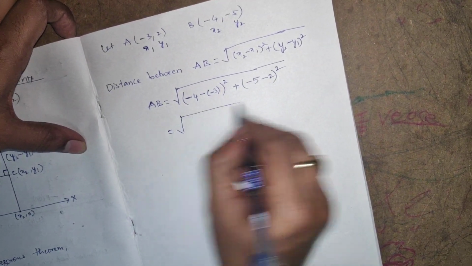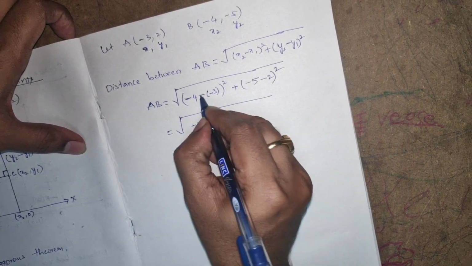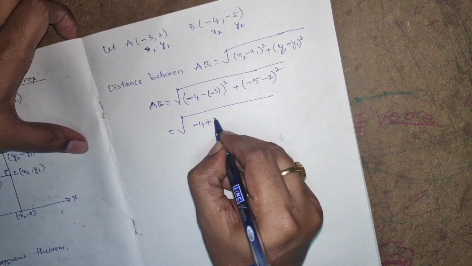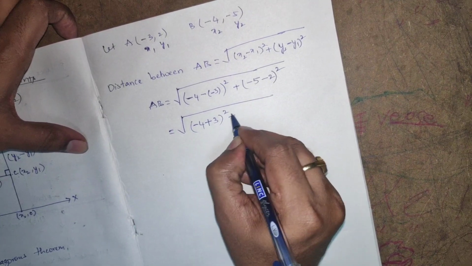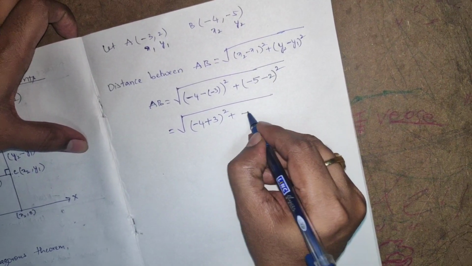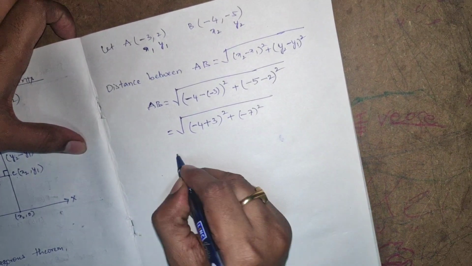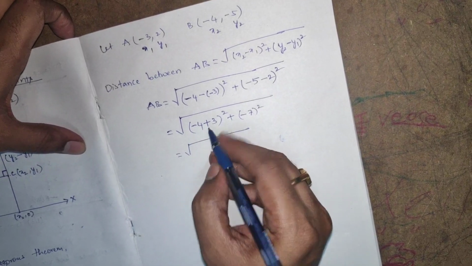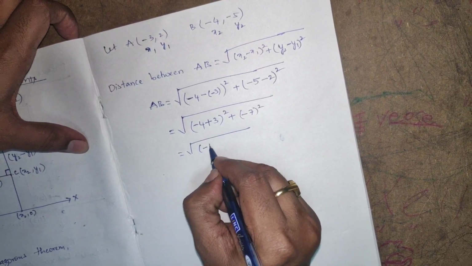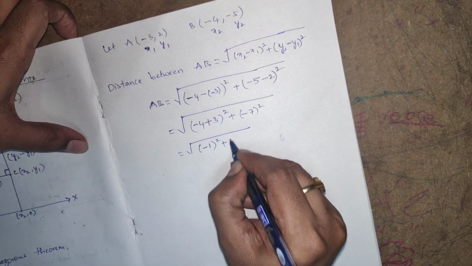Now what will we get? It is minus 4, minus of minus will get plus 3 whole square, and minus 5 minus 2 will get minus 7 whole square. So minus 4 plus 3 will get minus 1 whole square plus minus 7 whole square.